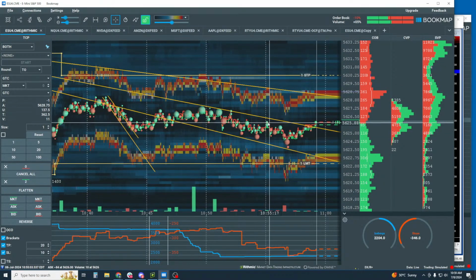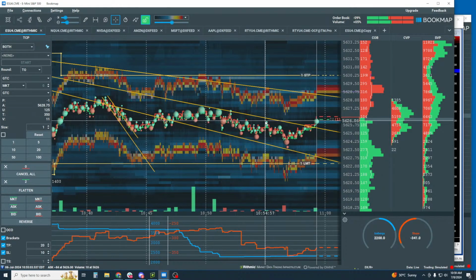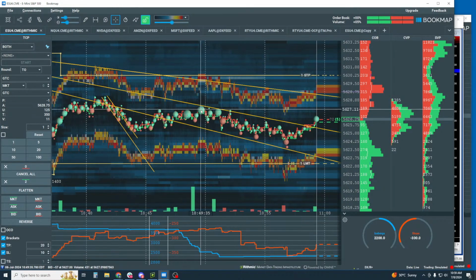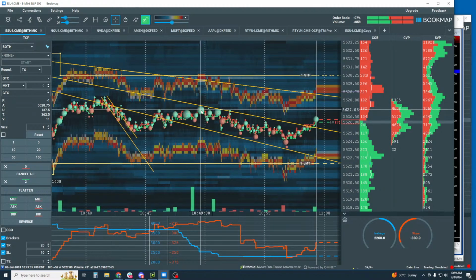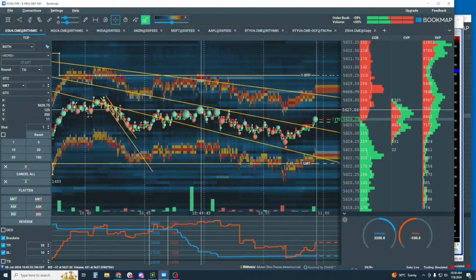Note how we're getting buyers back up into this little swing here. So the next test is up here. If we get our buyers up here, then we'll consider exiting here.